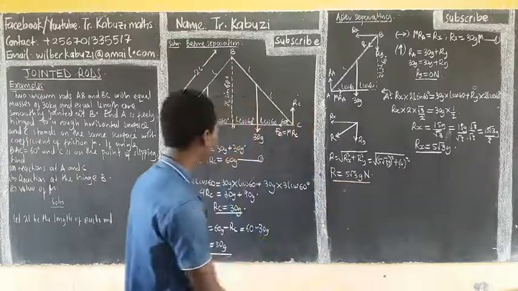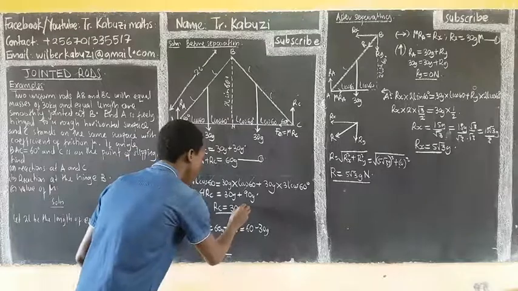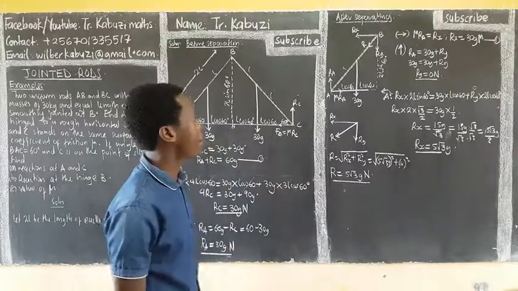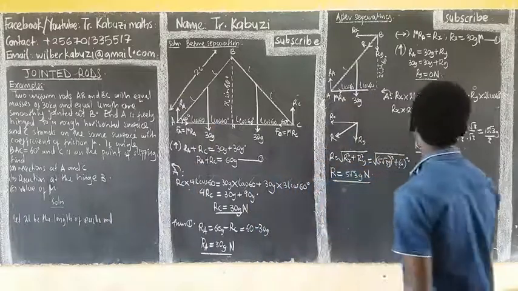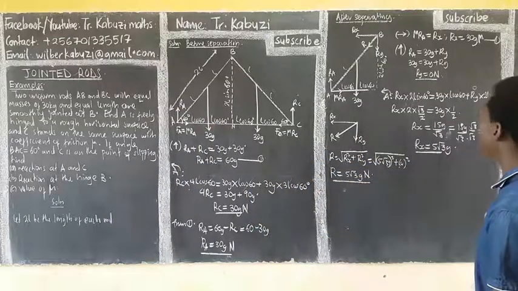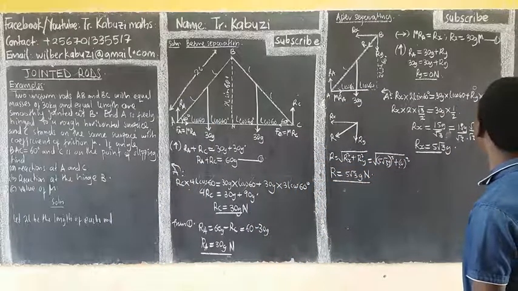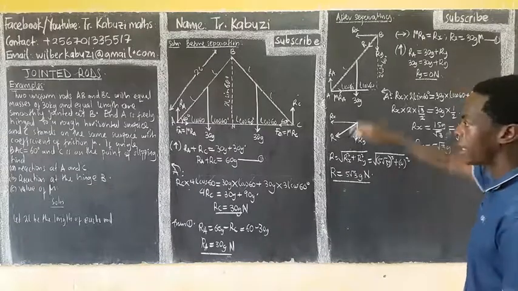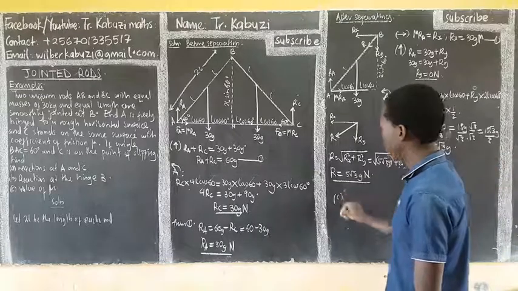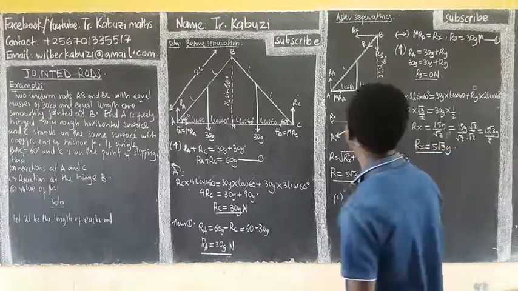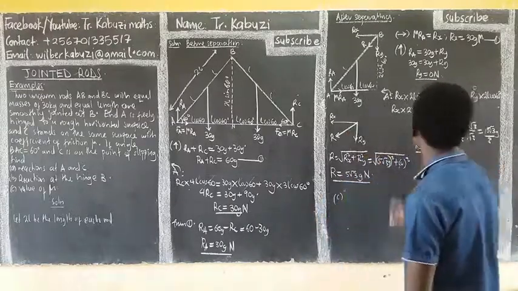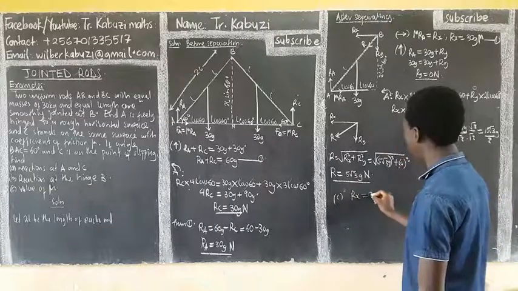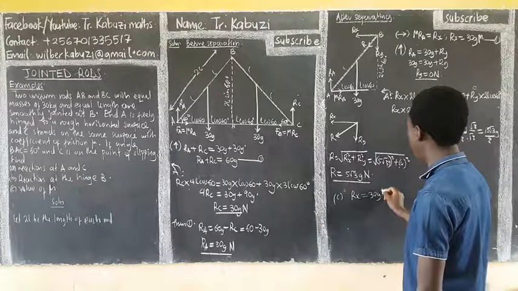Now, from there we want to get the value of mu. Remember, they want us in part C to get the value of mu. Remember from there we said our Rx is going to be equal to 30D mu. So I can use this or N. Anyway, let me use this.